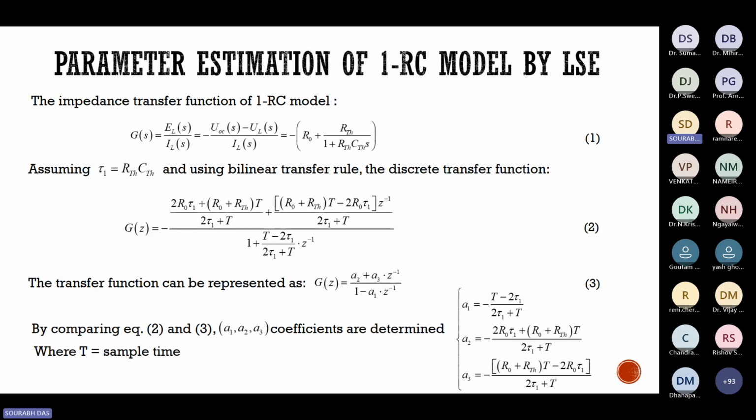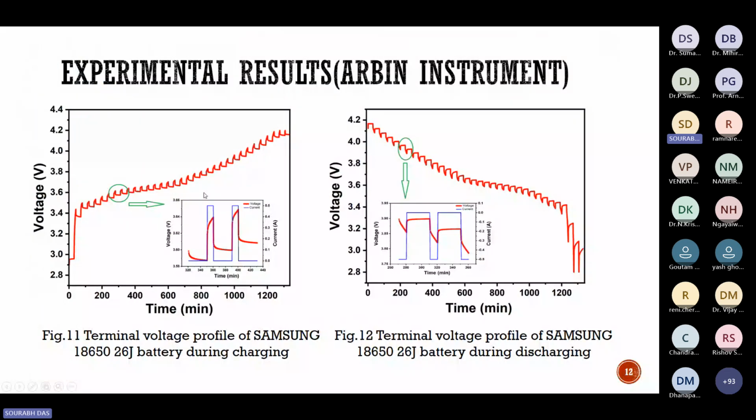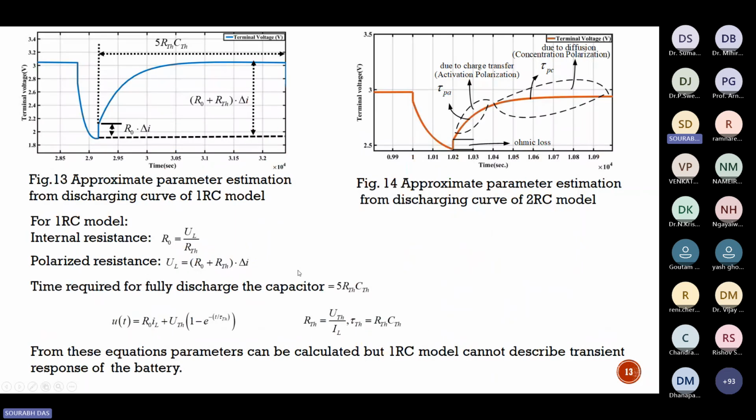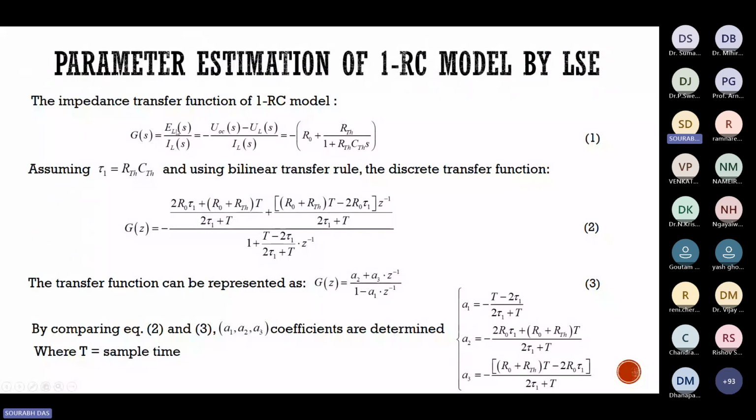So what I have told here, that the polarization voltage is due to the R naught and these parallel RC circuit. So GS will be the impedance voltage drop by current. So it can be written like this.